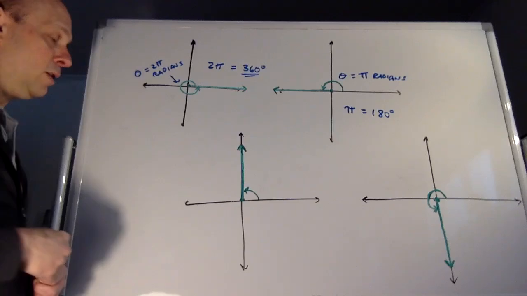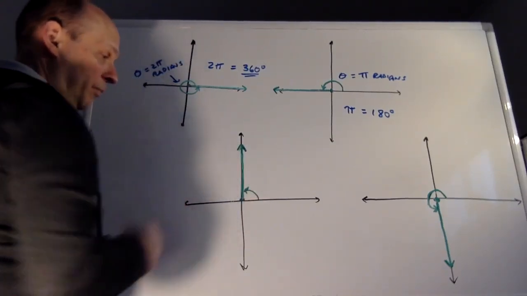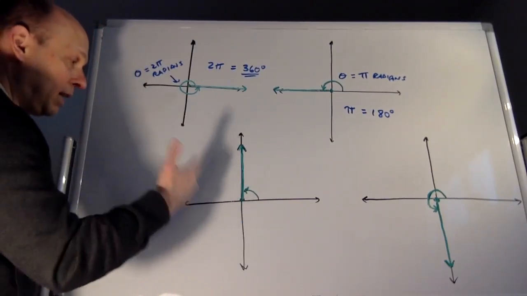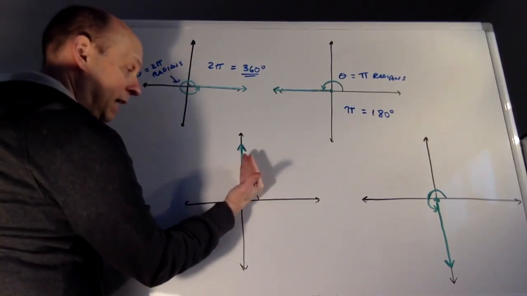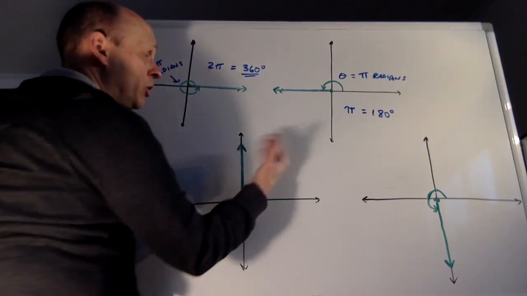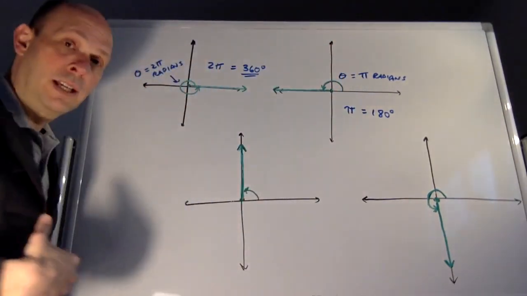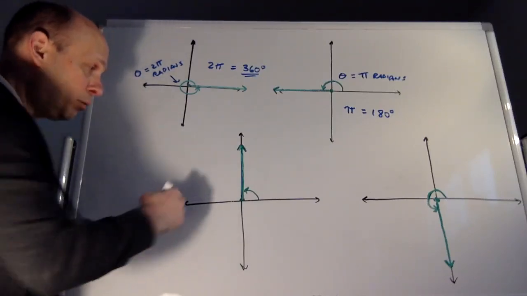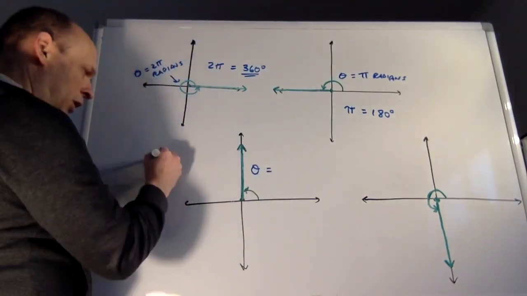Okay, now let's take a look at this one here. We all know that this is a 90-degree angle right here, but that's degrees. What would this angle be in radians? Well, 90 degrees, of course, is halfway to 180. So if we're in radians, we're halfway to pi. So in other words, half of pi. So this would be 1/2 pi radians, but we usually don't write it this way.